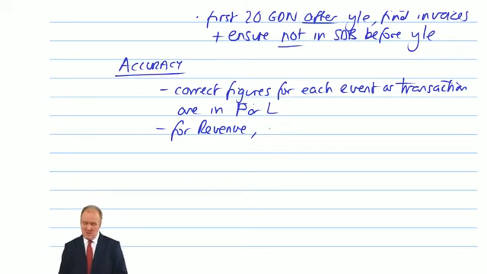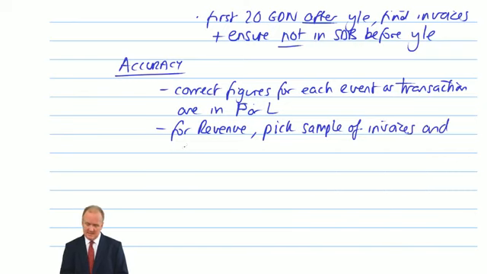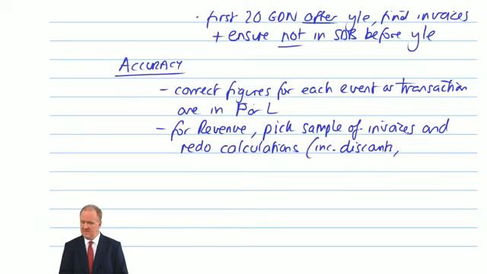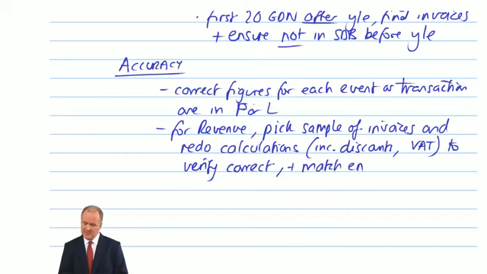So for revenue, I think I would pick a sample of invoices and redo the calculations, including discounts, VAT, to verify that they are correct and match the entries in the sales daybook.